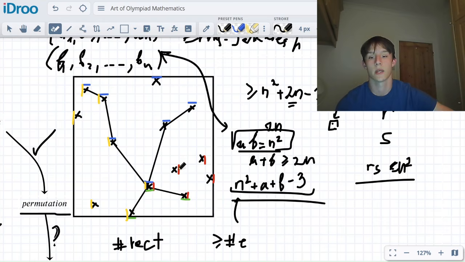So every edge can be covered by at least and at most one rectangle. So no two edges can be covered by one rectangle.